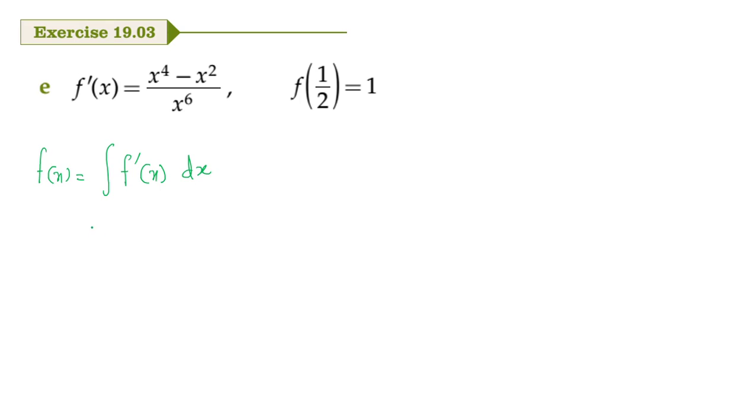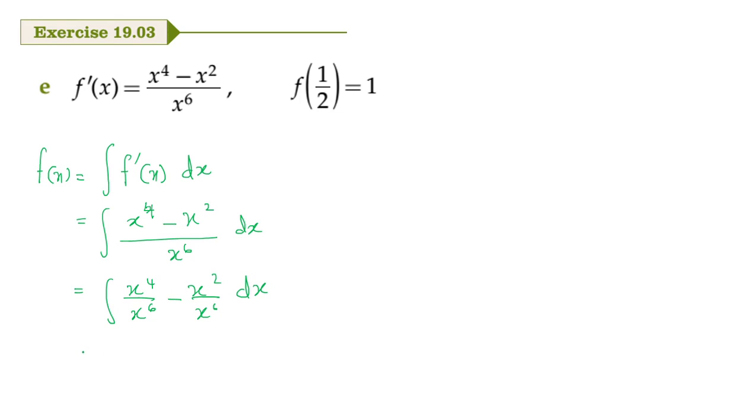So if we integrate, you have (x power 4 minus x squared) over x power 6 dx. So macam mana nak buat? Remember, we have to split our denominator into two parts, okay, to make it more simple. Right, so therefore you have x power of negative 2 minus 1, x power of negative 4 dx.